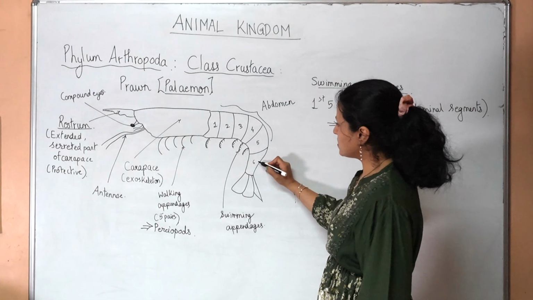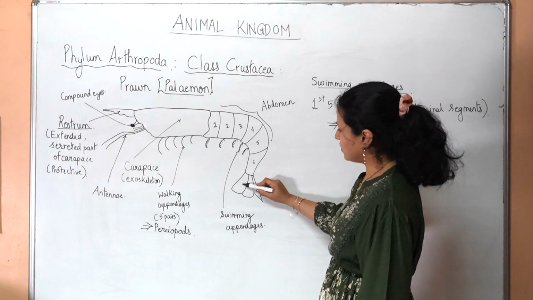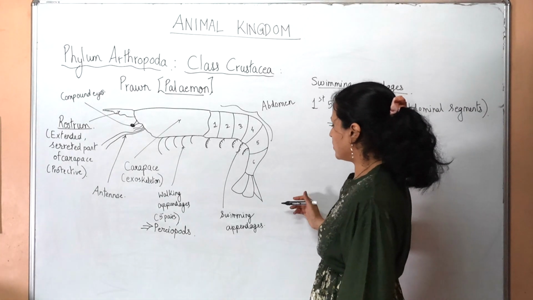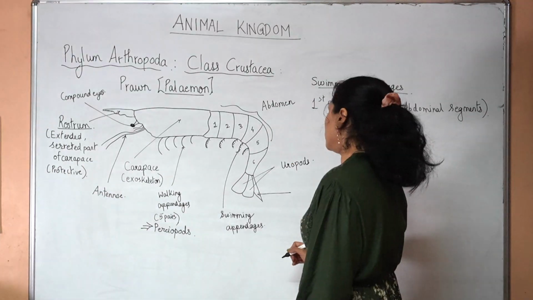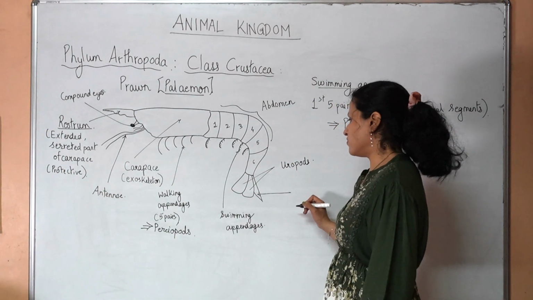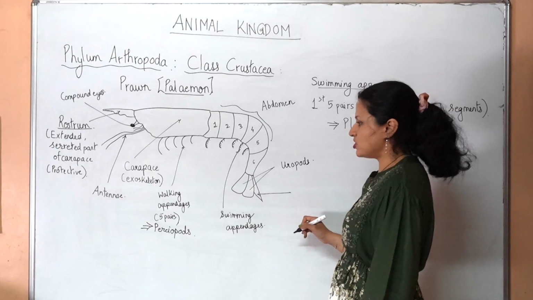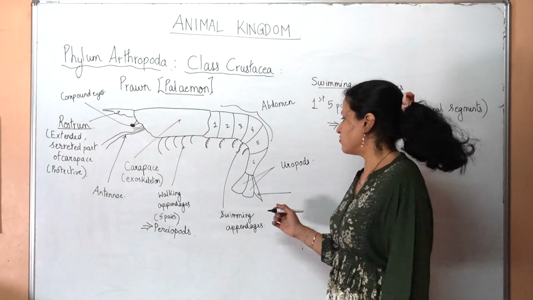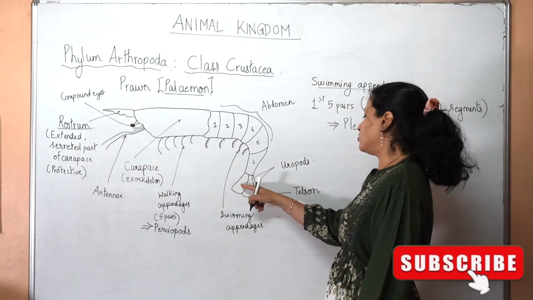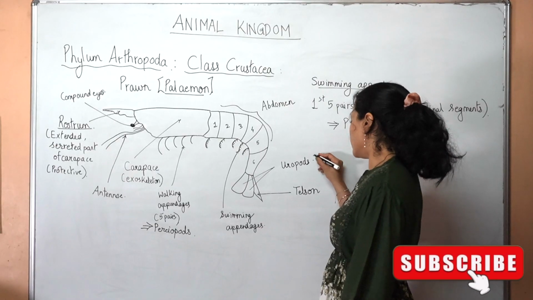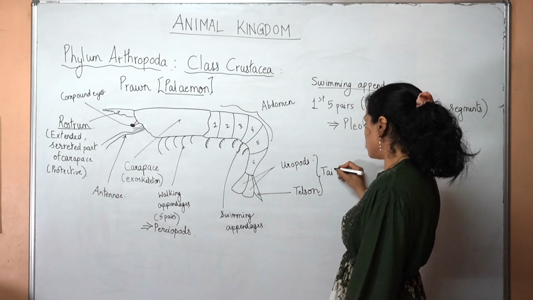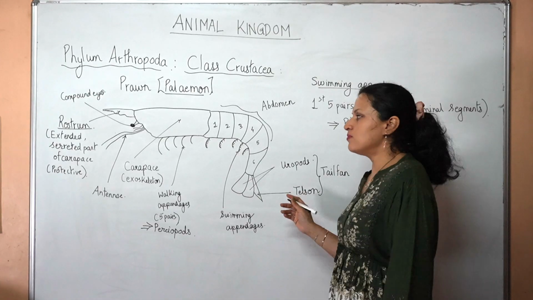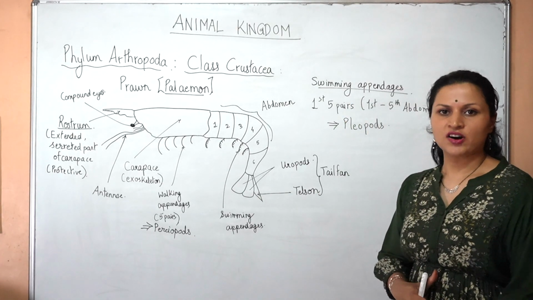You see that on the 6th abdominal segment there are 3 different types of structures. These 2 are known as the uropods. Then there is another extended structure which is not an appendage, it is actually like a tail only, which is called the telson. The 2 uropods and the telson together comprise this structure which is like a fan, called the tail fan, and it helps the prawn in swimming very fast.